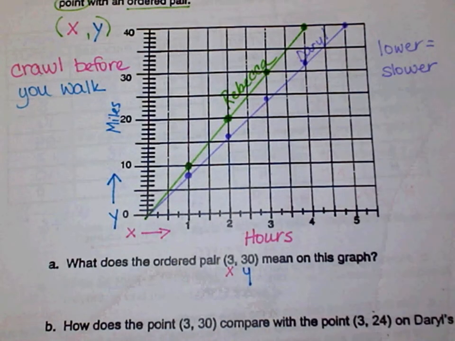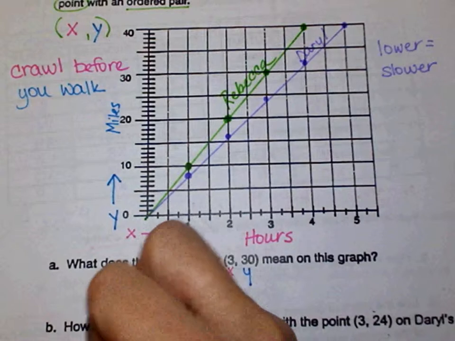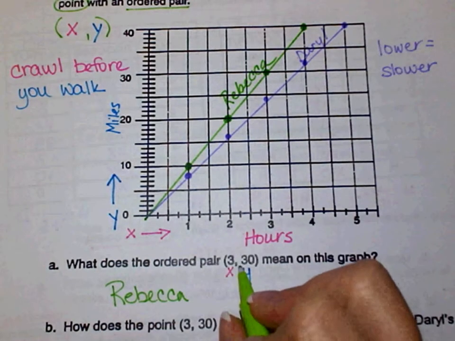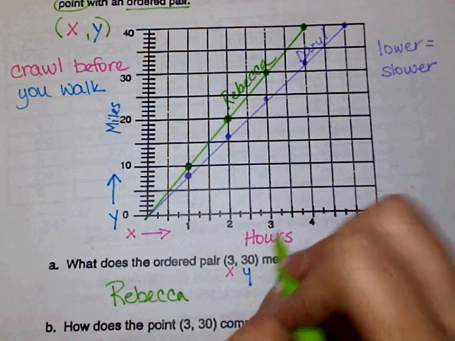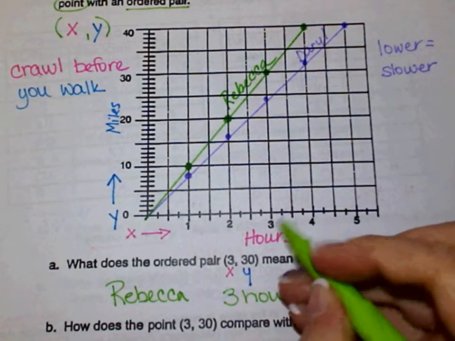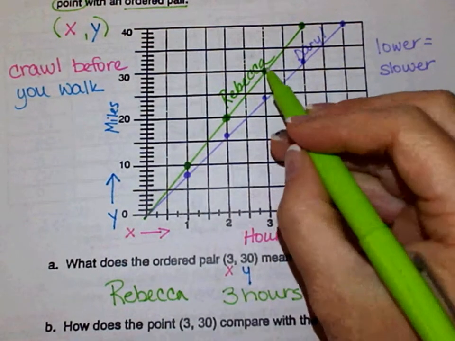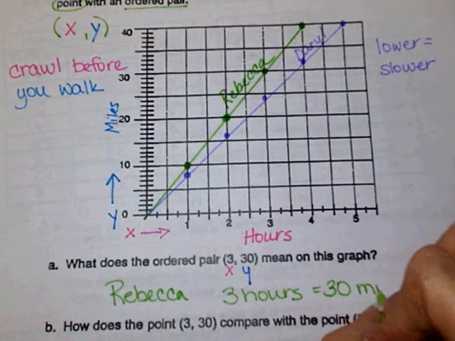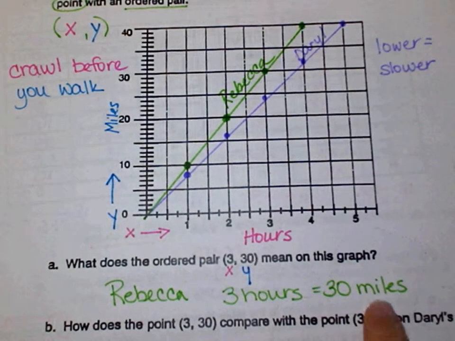So we know we're talking about Rebecca. And what do those numbers mean? Well, 3 represents hours, so 3 hours. The 30 is the 30 miles. So in 3 hours, she was able to go 30 miles.